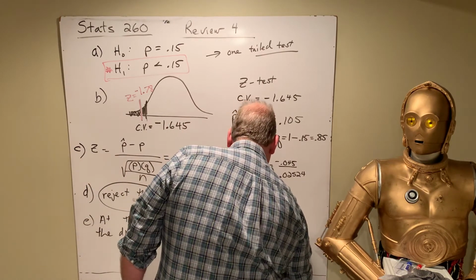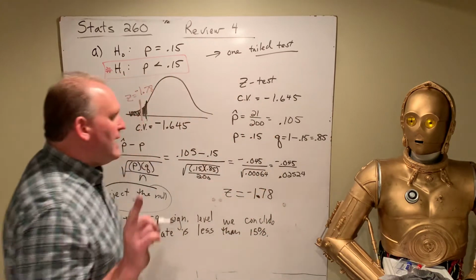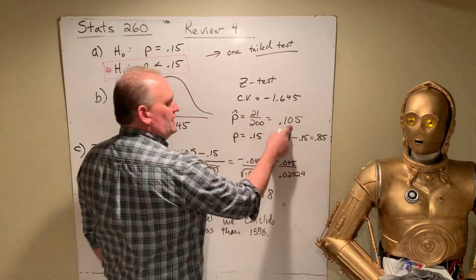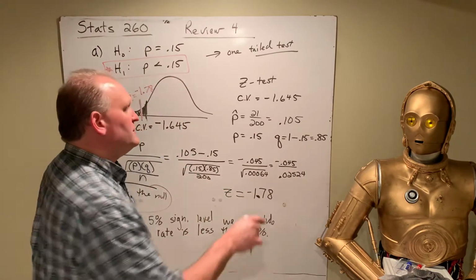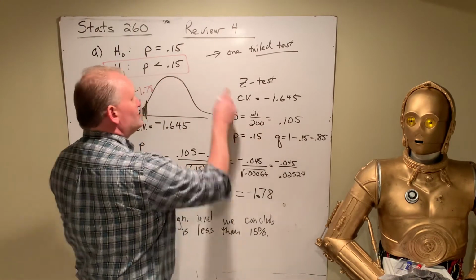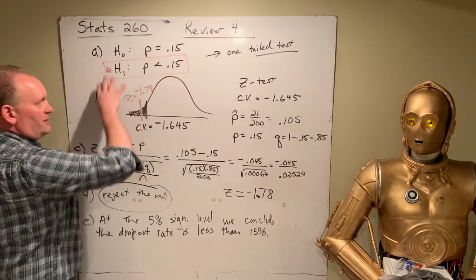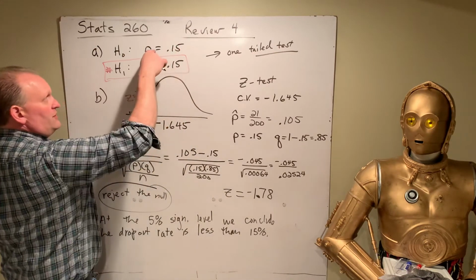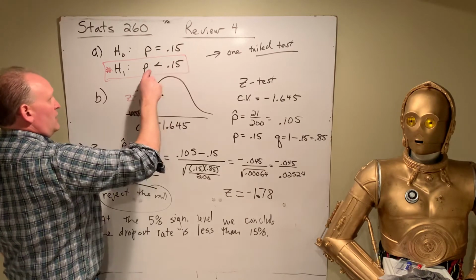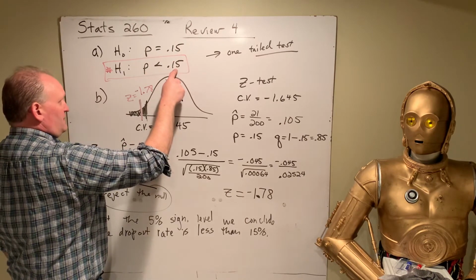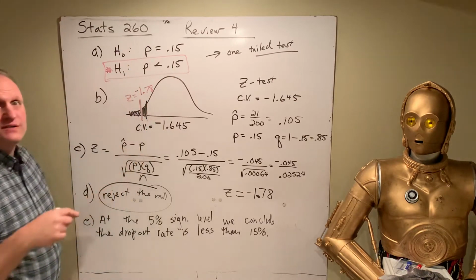Now, do not say, oh, it's 10.5%. That's what the new dropout rate is. No, this was based on a sample of 200. This was an entire population. All this did was you either state this, that it's still equal to 15%, or you state this, that it's less than 15%. That's why we write those down first.